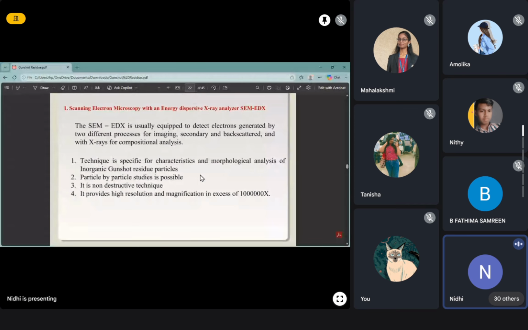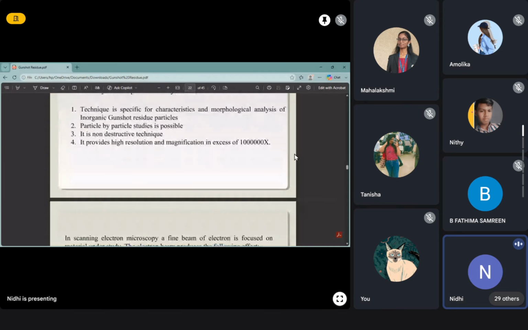So the SEM-EDX is usually equipped to detect electrons generated by two different processes for imaging, secondary and backscattered, and with X-rays for compositional analysis. The technique is specific for characteristic and morphological analysis of inorganic gunshot residue particles. Particle by particle studies are possible with scanning electron microscopy, and it is a non-destructive technique. It provides high resolution and magnification in excess of this scale.